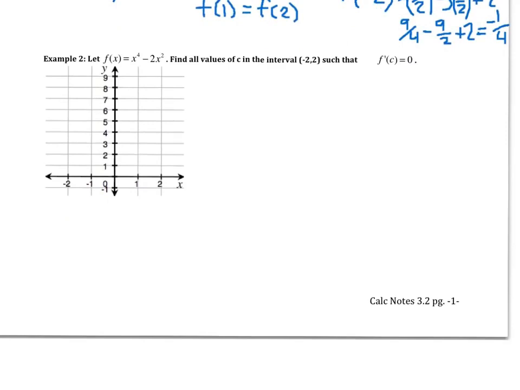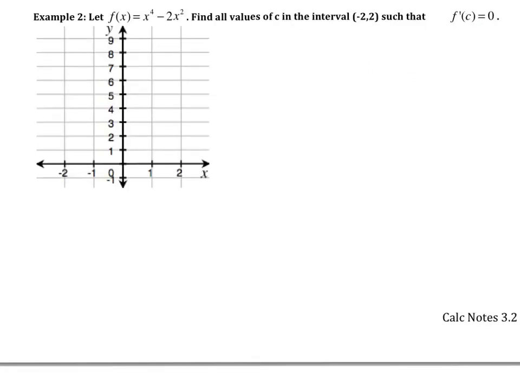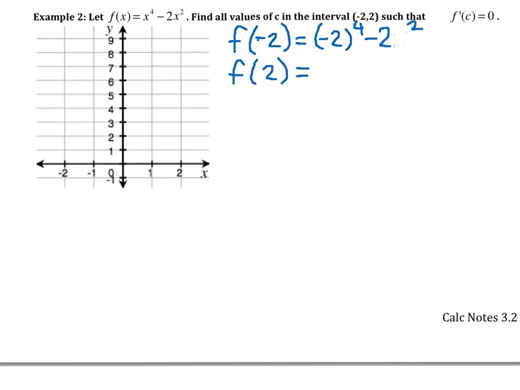So here it says let f(x) equal x to the 4th minus 2x squared. We want to find all the values of c in our interval [-2, 2] such that f prime of c equals 0. So first what we need to do is find f(-2) and f(2). We'll substitute this in here: (-2) to the 4th minus 2 times (-2) squared.